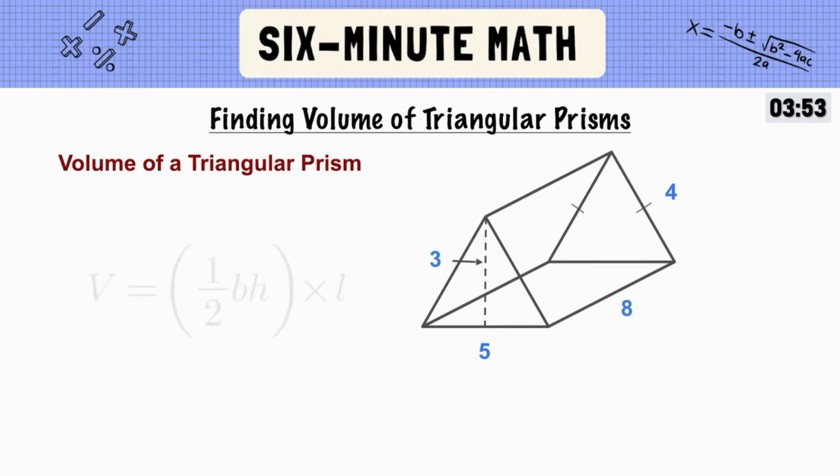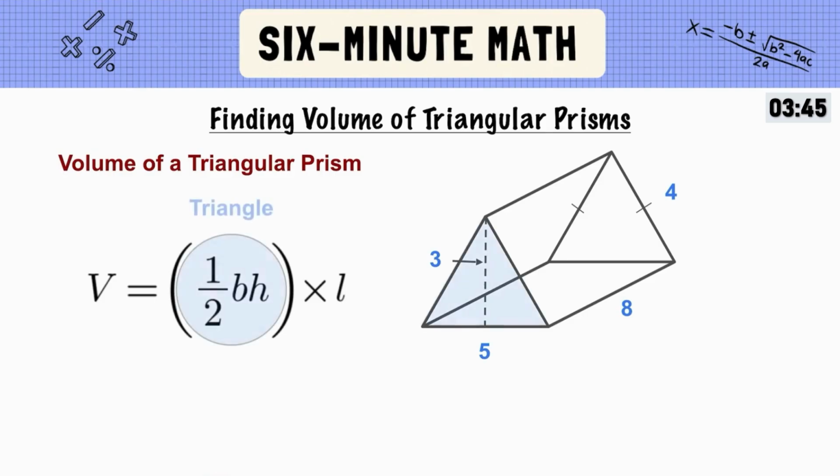So the volume of this triangular prism can be given as 1/2 base times height times the length of that triangular prism. That 1/2 base times height is the triangle, and that length in this case is going to give us that total volume.